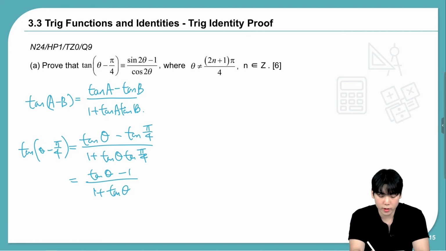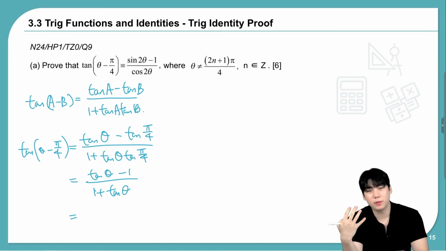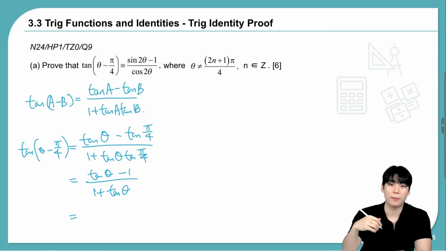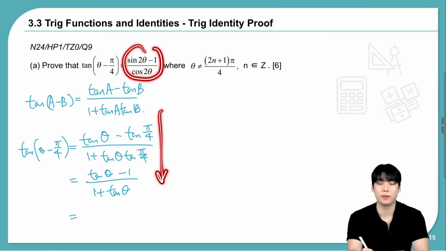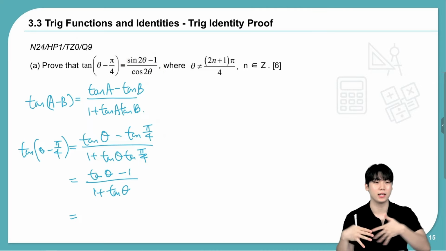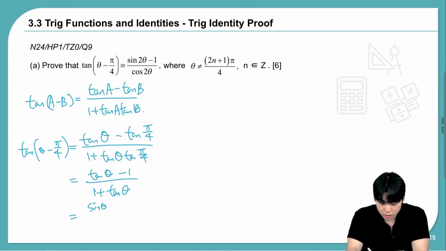Okay? I'm going to rewrite tangent theta into sine theta over cosine theta. Why? Because our result has a sine and cosine in it. So it's a little bit of a cheat, okay? So I'm going to look at the right-hand side, midway of the proof, and determine which path I'm going to take in expanding. So it's sine theta over cosine theta minus 1 over 1 plus sine theta over cosine theta.